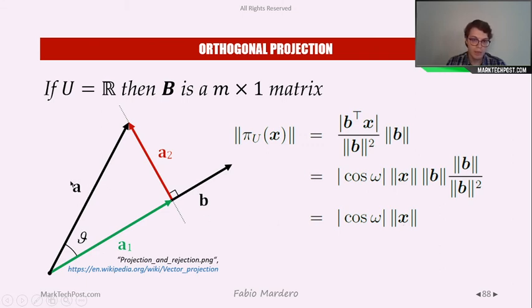So if we project A in this picture, A in this expression is equal to x. So pi of A is equal to cosine of theta times the length of A. We finally get the usual definition of projection. So this is A1, which is of course the cosine of theta applied to the length of A.